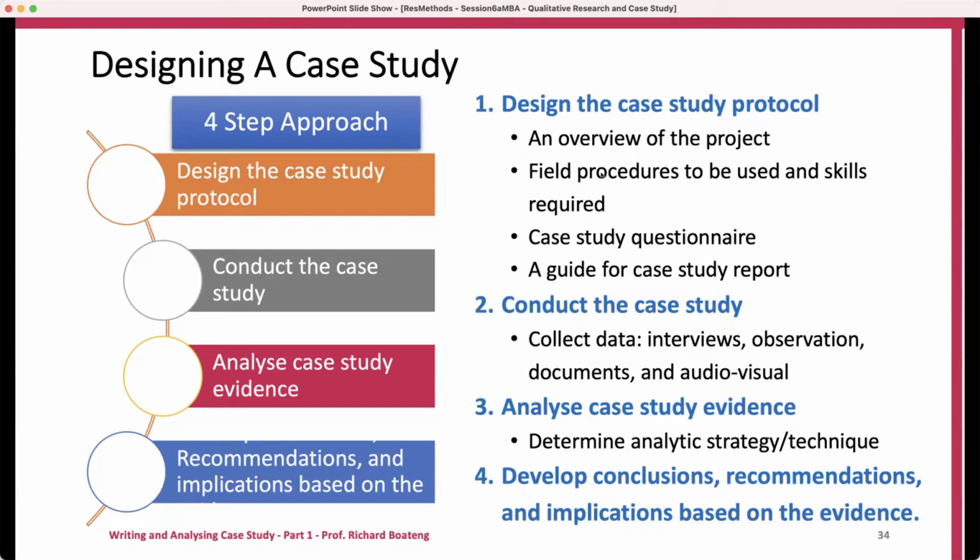So the case study protocol is like a guide for the case study. Number 1, in it you see the overview of the project. Number 2, you also understand the field procedures and techniques that are going to be used and the skills that will be used. You can even have a budget to that extent. Number 3, the questionnaire that your person is going to use. Number 4, when you collect the data, how is she going to outline it in terms of a report?